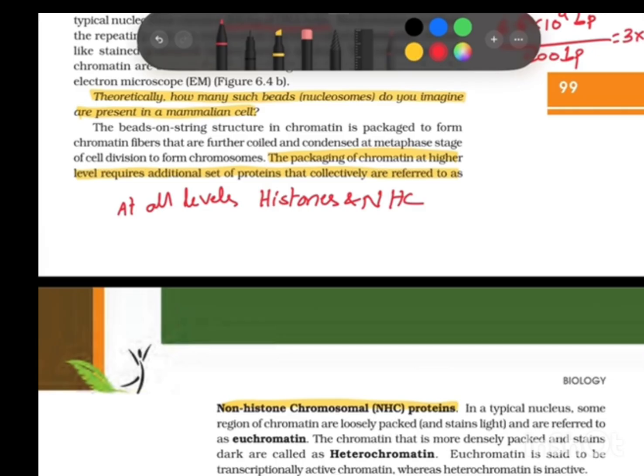That is one hidden line. Histones are needed initially and also at higher levels, along with that, non-histone chromosomal proteins are needed. So at all levels in eukaryotes, for the packaging of DNA, both the proteins are needed.